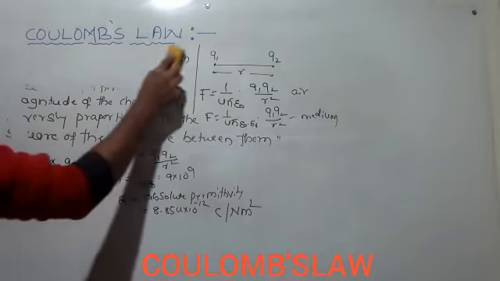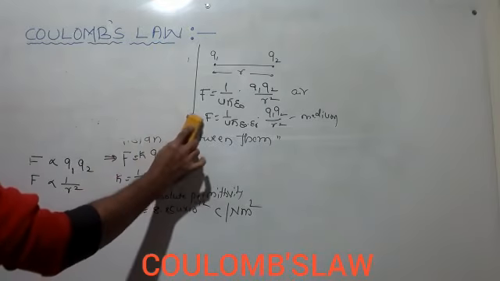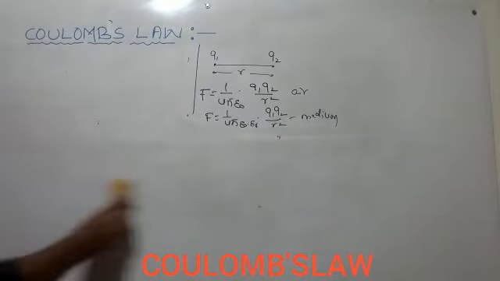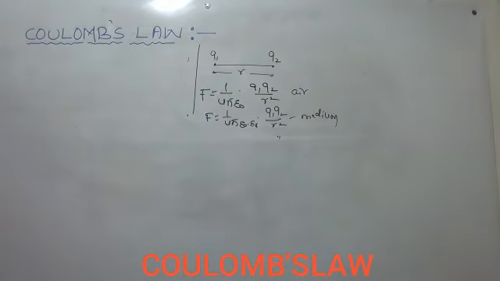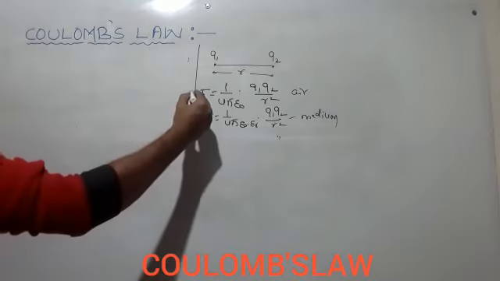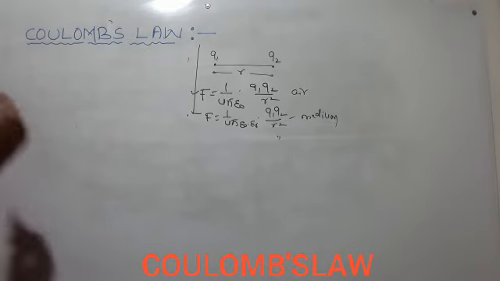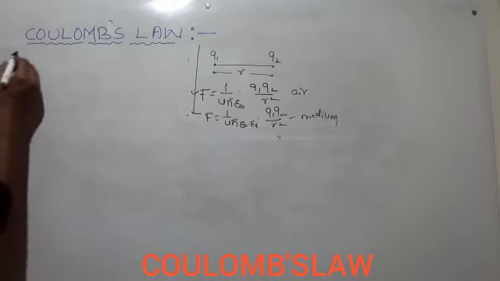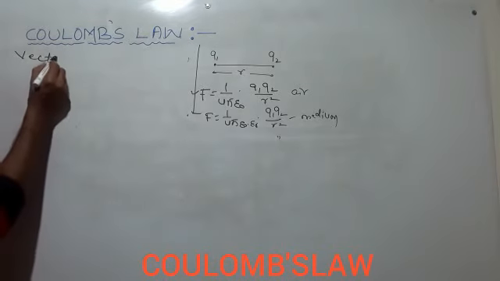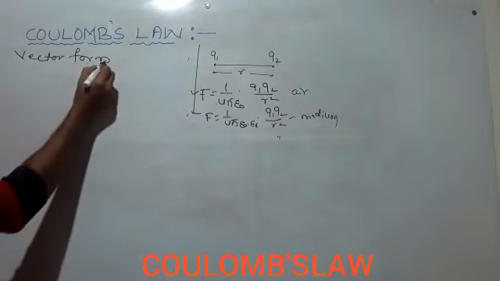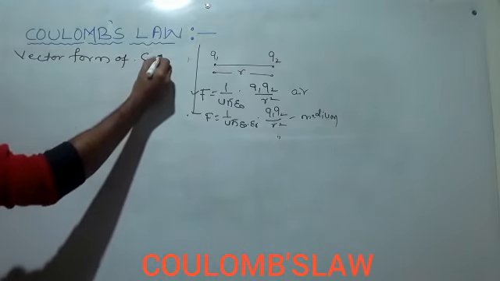Now, force is a vector quantity. By this formula, we can find the magnitude of the force between any two charges, but it doesn't give the direction. Therefore, to specify the direction, we have to discuss the vector form of Coulomb's law.